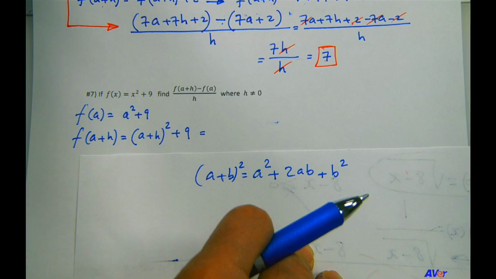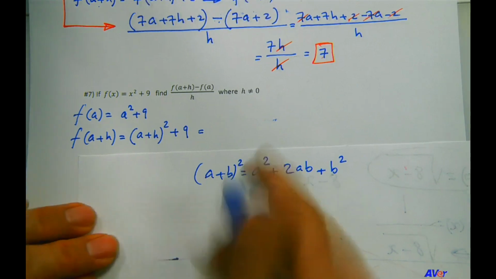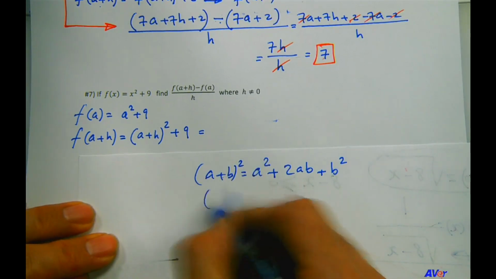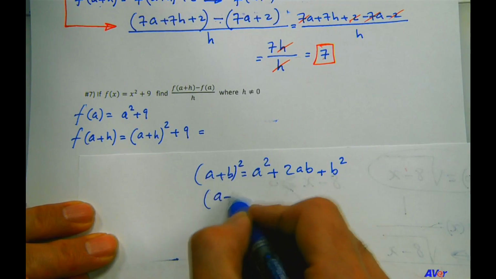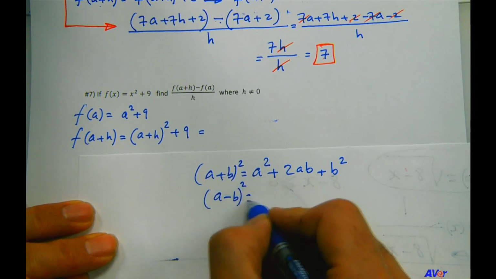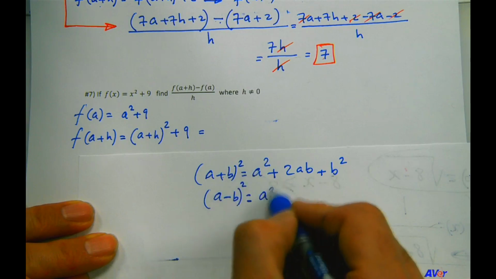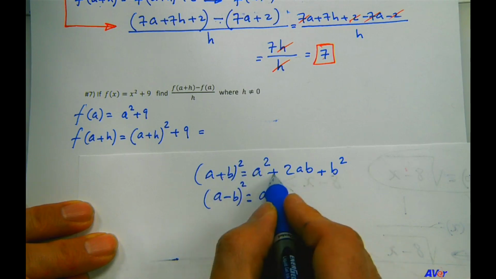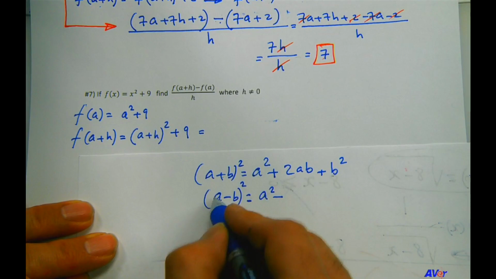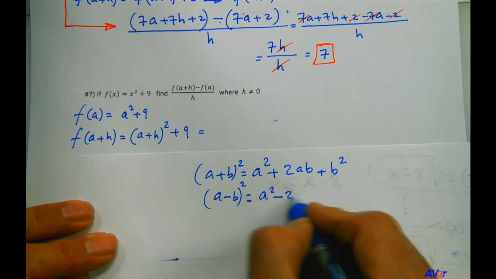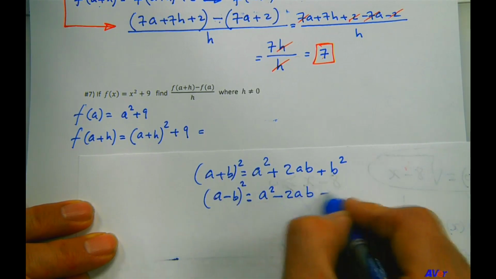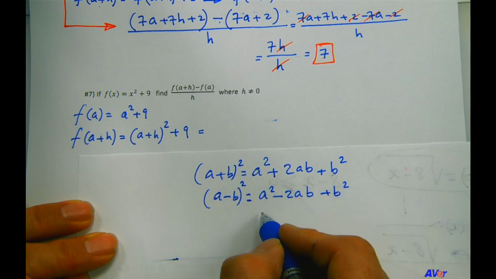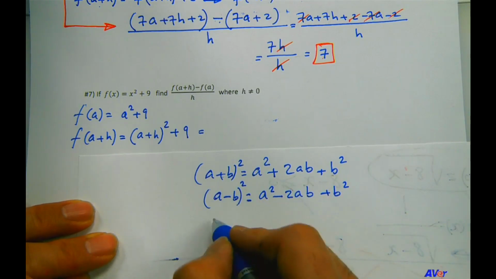We talked about one then, right? That was this one. Well, let me write the other one. This has an equivalent with the minus in between. So again, it's the first term squared. This time, instead of plus, minus twice the first term times the second term, plus b squared.